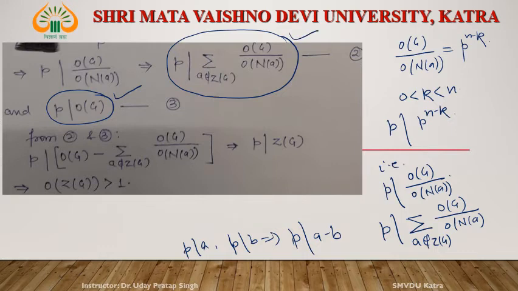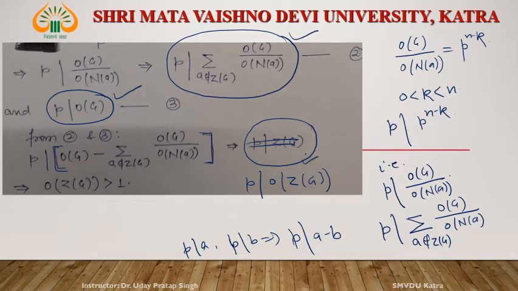P divides order of G minus the summation of order of G by order of N(a) for all a not belonging to Z(G). And what is this bracket term? The bracket term is nothing but order of Z(G). So P divides order of Z(G).